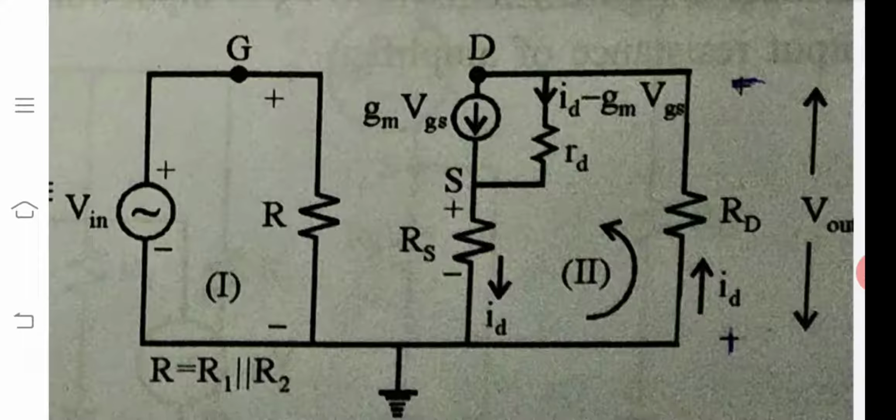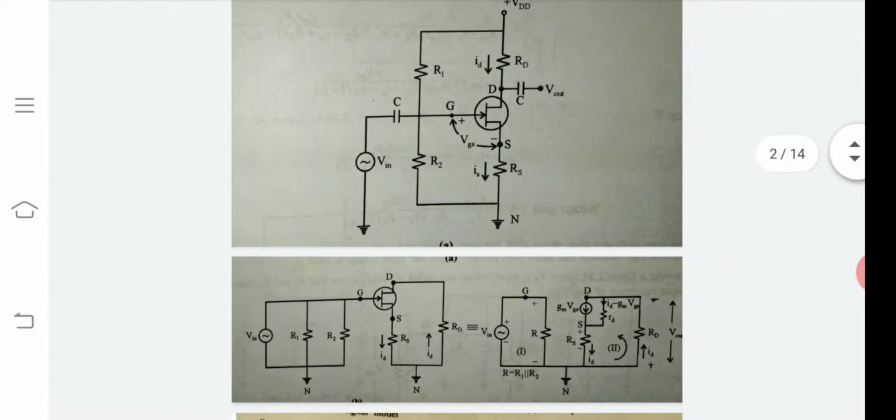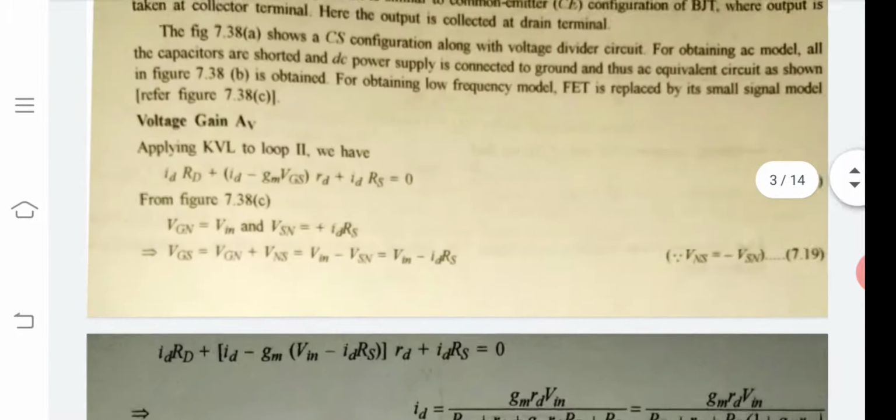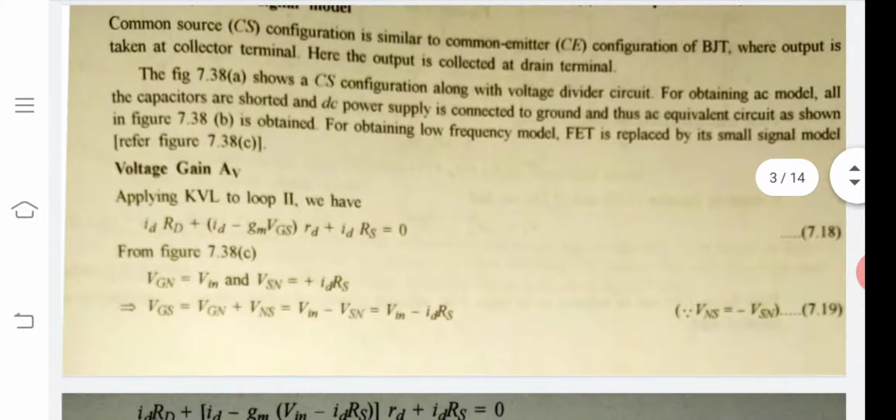We calculate it by applying the KVL formula in loop first and loop second. Common source configuration is similar to the common emitter configuration of BJT, where output is taken at the collector terminal. Common source configuration is also used along with the voltage divider circuit to obtain the AC model.